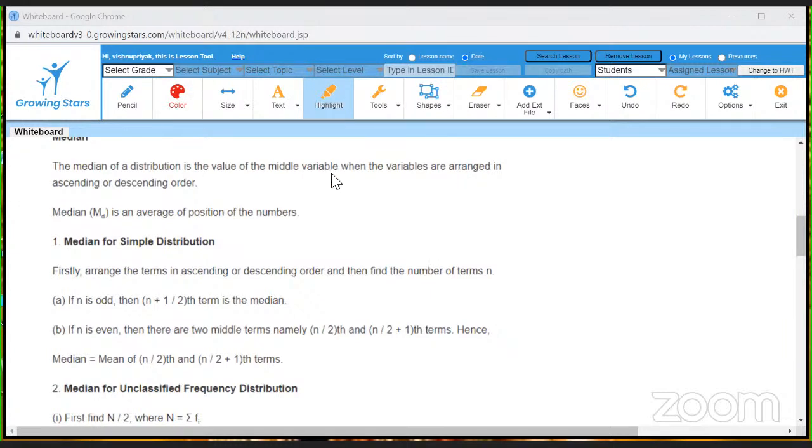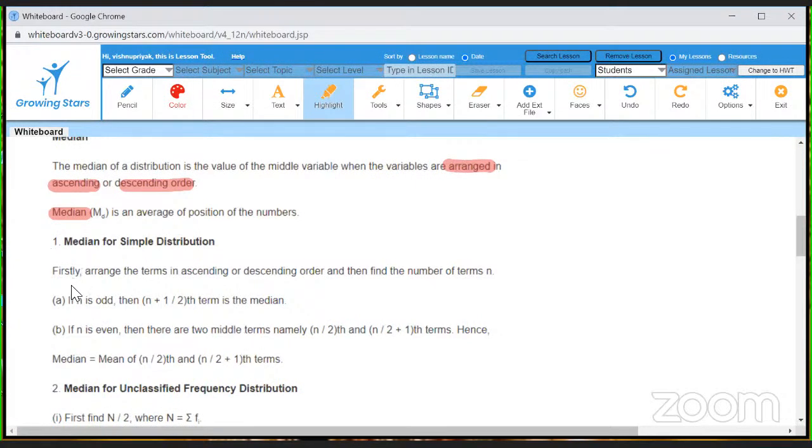When you do problems, you will understand better. If you have a list, arrange the list in ascending or descending order, increasing or decreasing, anything you can arrange. Then the middle number will be the median. Exactly the middle number.